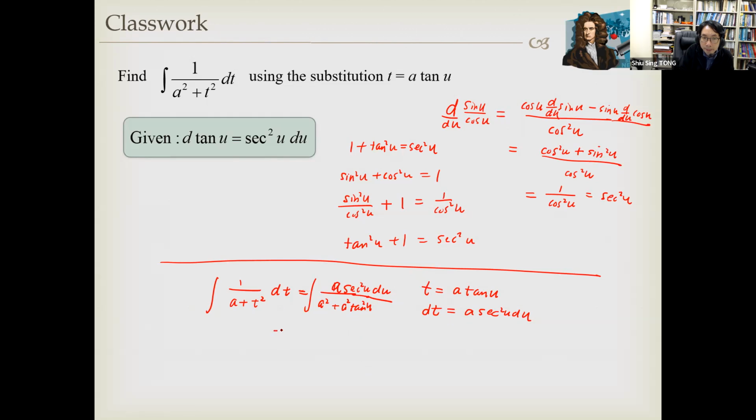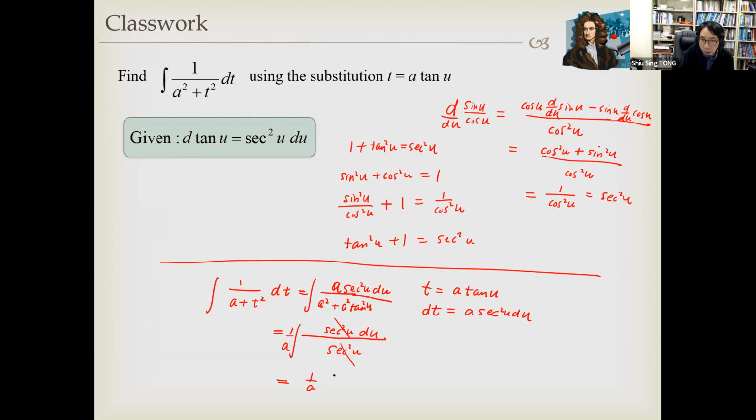Now, 1 plus tangent square, as I said, is secant square. So one of the a's cancels, and I now have this expression. I have secant square u du divided by secant square u, so the secant square gets cancelled.